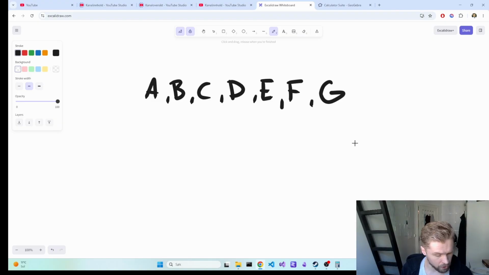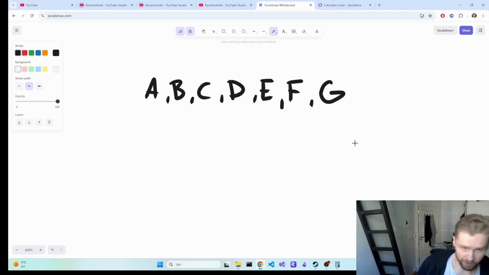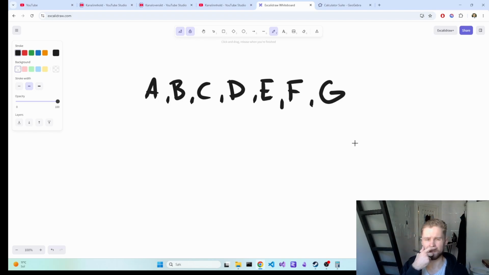How many permutations of the letters A, B, C, D, E, F, G are there in which the 3 letters A, B, C appear consecutively in alphabetical order? So what you're telling me is that ABC is going to appear in alphabetical order, consecutively like this.